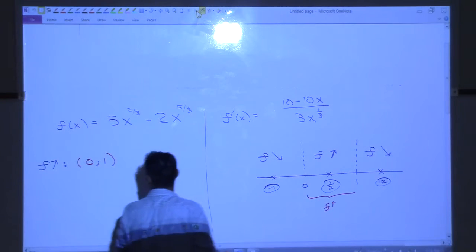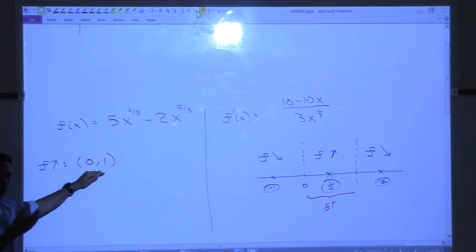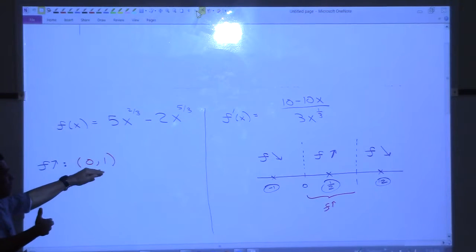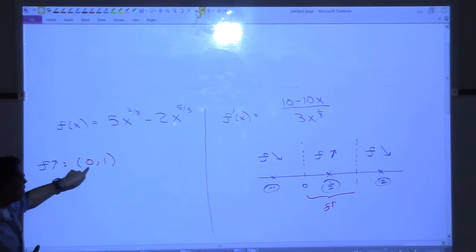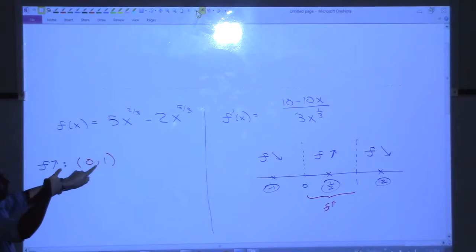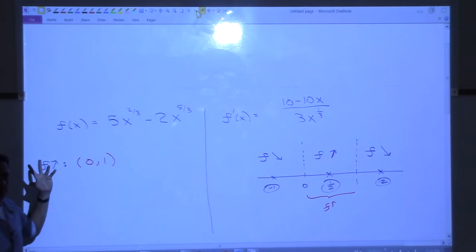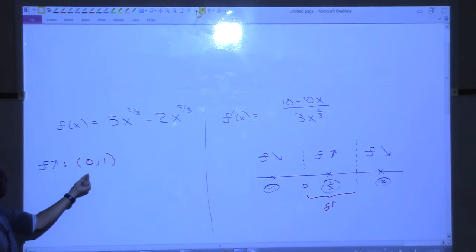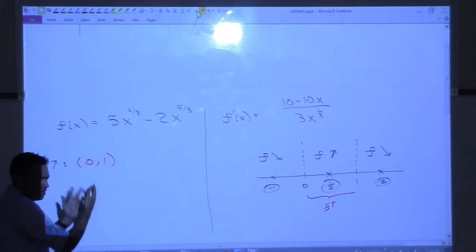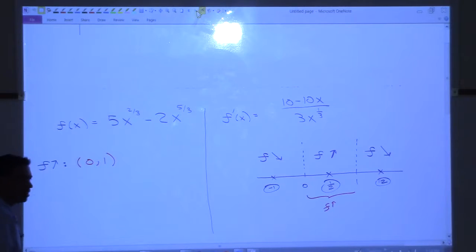And it's safer to do this because there are some times that we'll run into a problem where one of these critical numbers here is actually not allowed in the function. And so if you put a closed bracket, you're going to be wrong because that number's not in the domain. So just always leave them open. It's easier that way. Understand?